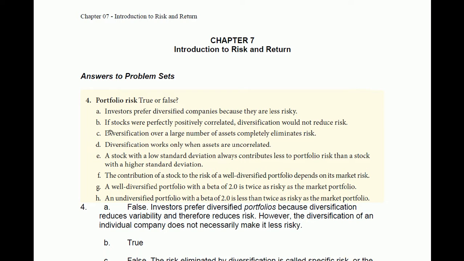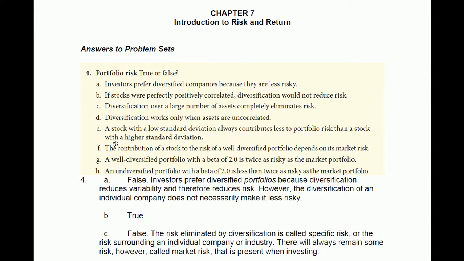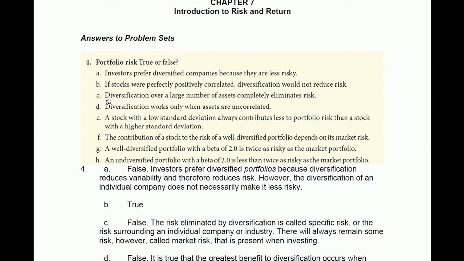B. If stocks were perfectly positively correlated, diversification would not reduce risk. This is true, because if the co-movement is in the same direction, there is no reason for us to invest in both stocks. C. Diversification over a large number of assets completely eliminates risk.